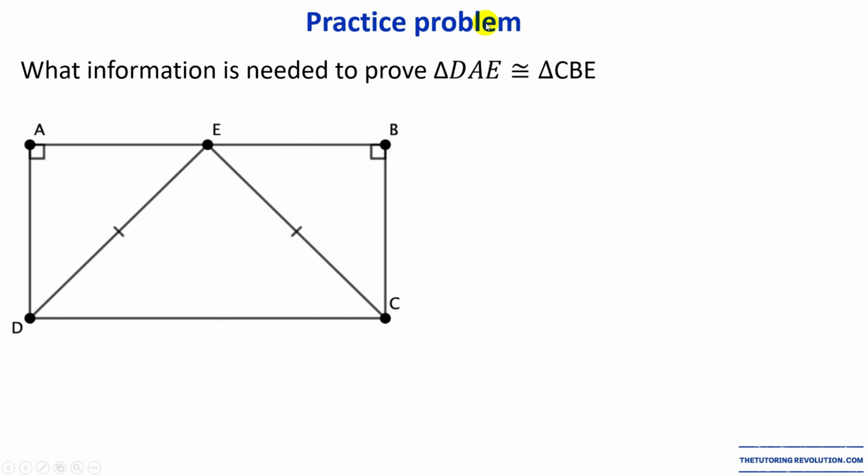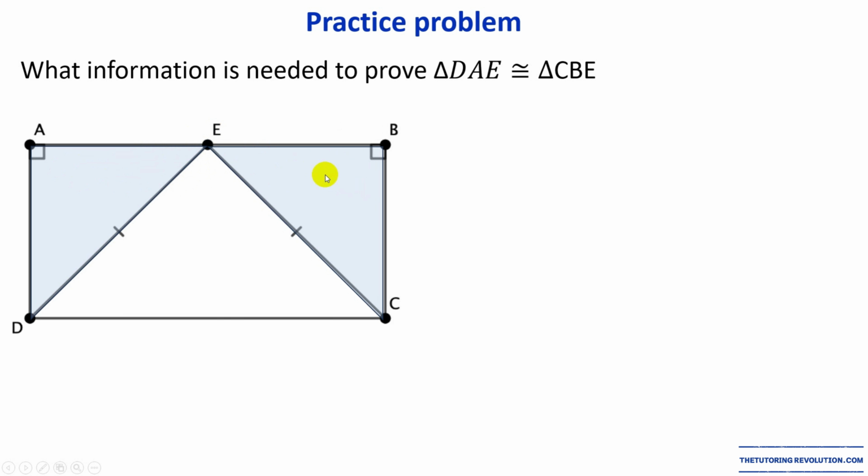This practice problem, they are asking what information is needed to prove that triangle DAE, right, which would be this triangle here, is congruent with triangle CBE, which is this triangle here. So we need to see what additional information to what we see here is necessary to prove that these two triangles are congruent. So what I see here is that these two triangles are right triangles.